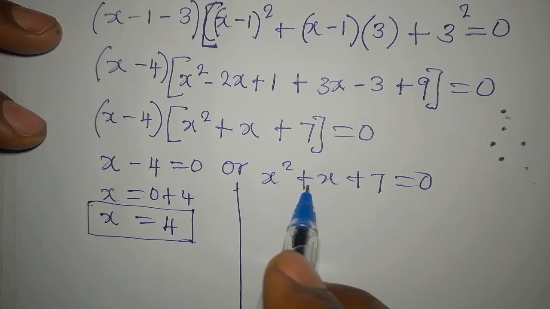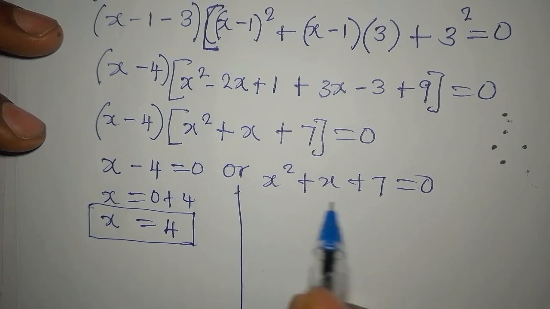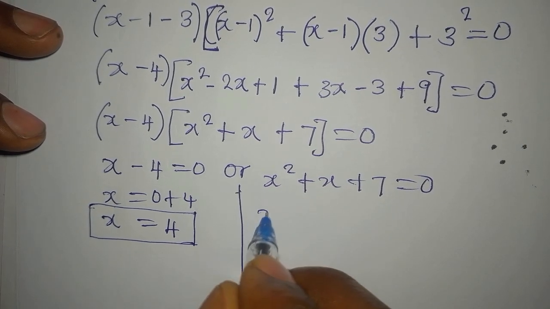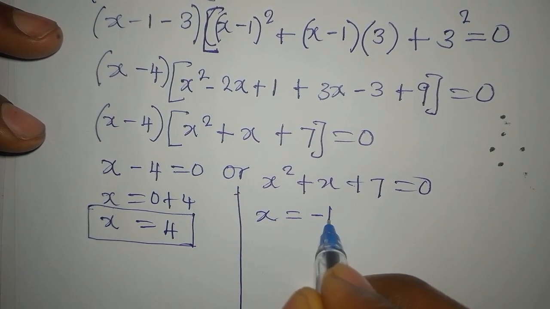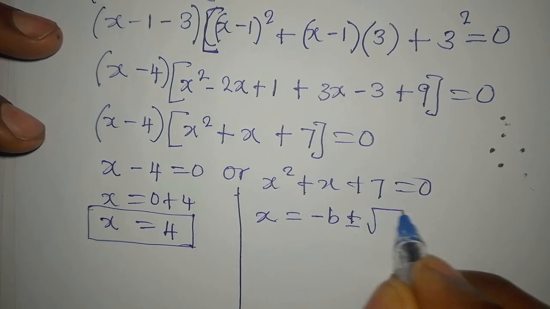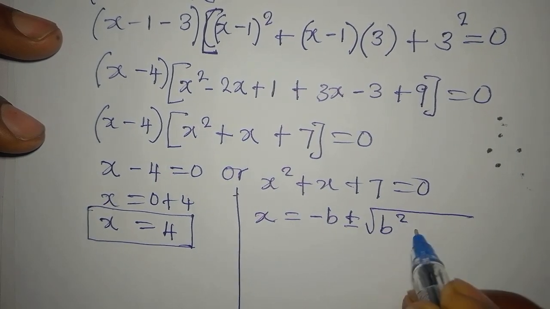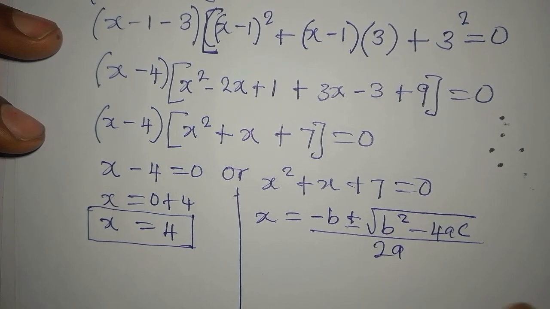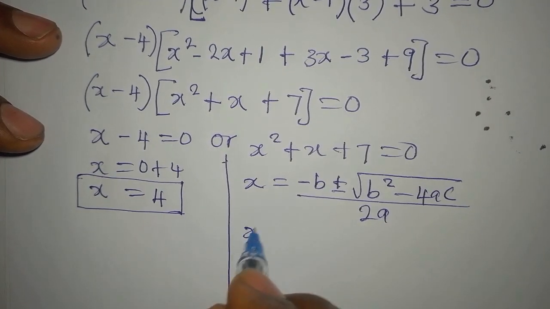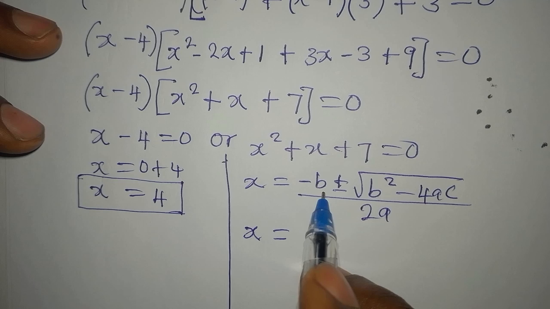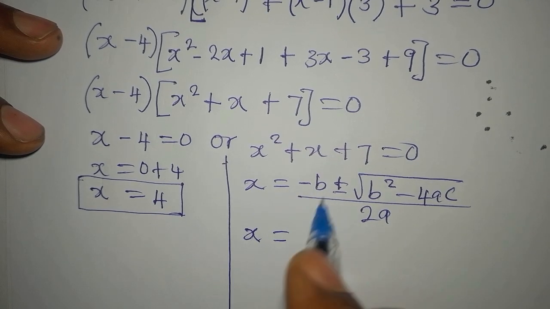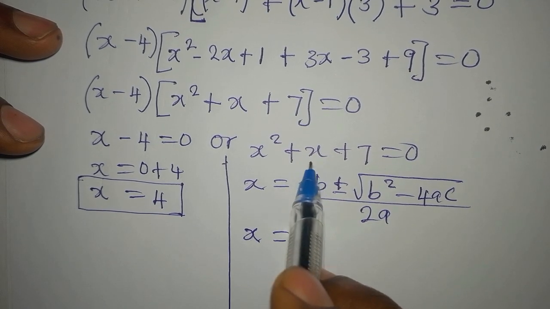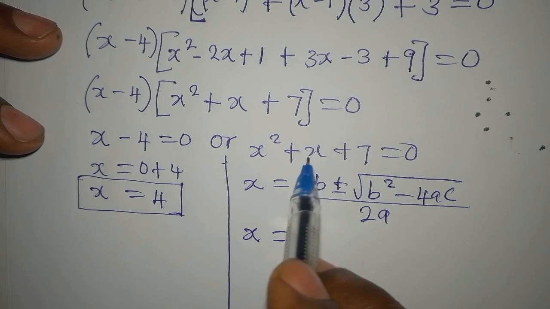By the way, we're going to use the quadratic formula to solve this, and it is x = (−b ± √(b^2 − 4ac)) / 2a. So our x will be, in place of −b, I'm going to write −1, because b is 1, the coefficient of x.